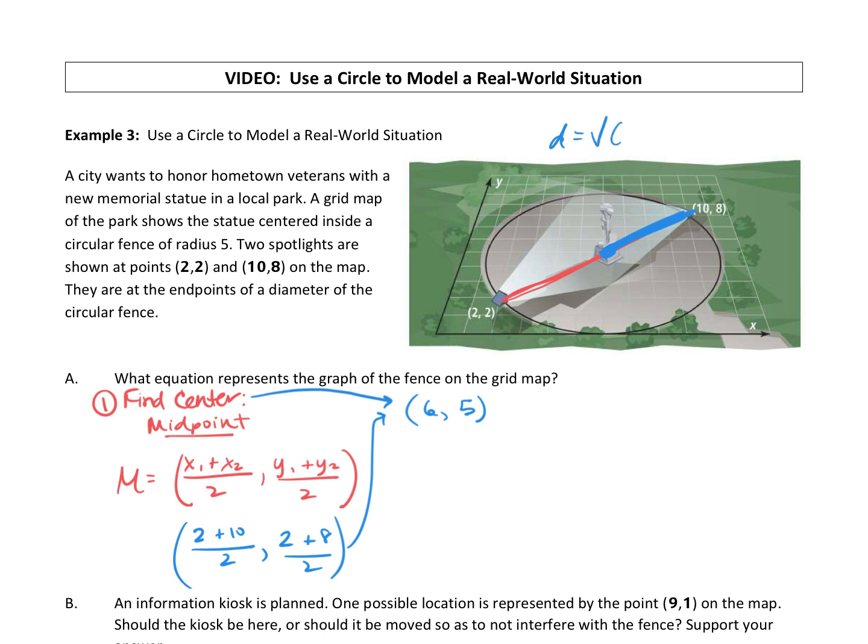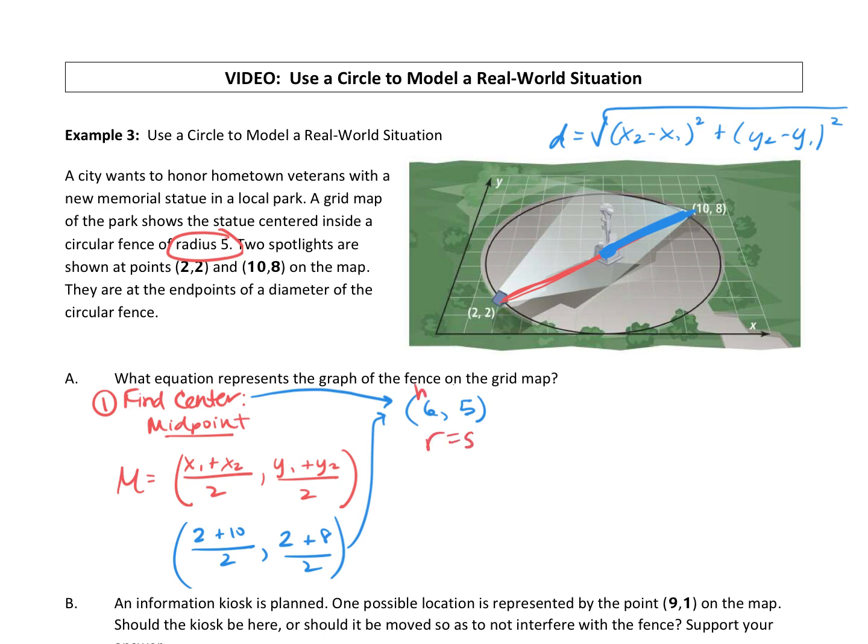It's the square root of (x2 minus x1) squared plus (y2 minus y1) squared. It's also possible that they gave us the radius in the problem. So let's just scan the words again. A grid map of the park shows the statue centered inside a circular fence of radius 5. Well, they are saving us some work because they gave us the radius. So radius is equal to 5.